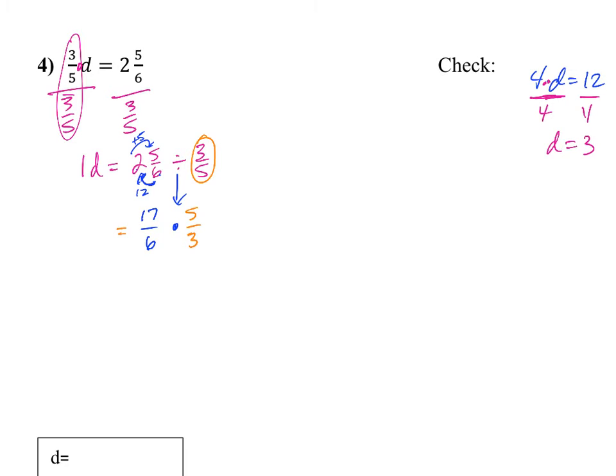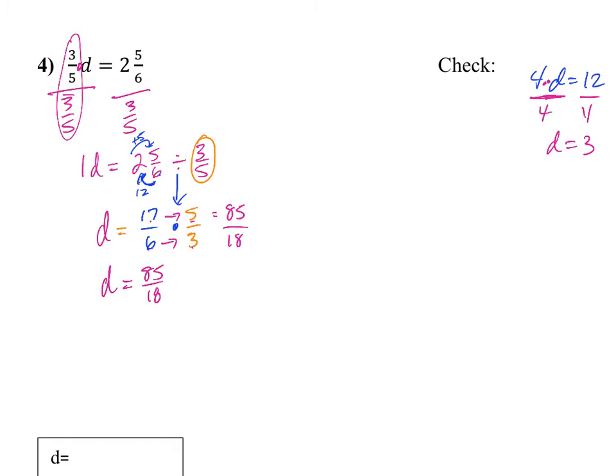So D equals, now I look at this and 17 is prime and 5 is prime and 3 is prime, and 6 does not go into 17, 5 does not go into 6, 17 doesn't go into 6. So I'm just going to multiply across and I'm not going to be able to reduce this fraction. 17 times 5 is 50 plus 35, which is 85, and 6 times 3 is 18. So D equals 85/18.